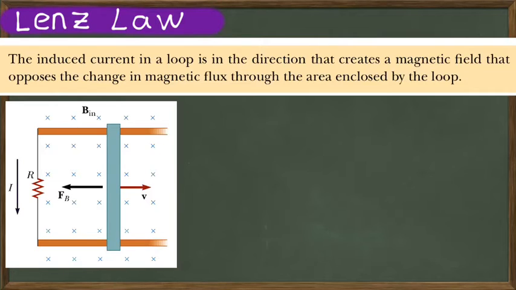So there is only one way to produce a magnetic field through this rectangular region which is out of the page, and it is this direction. So the current must flow counterclockwise, right? So this law is about the direction of the currents, to determine the direction of the currents induced by the change of flux provided by the motion of the bar.